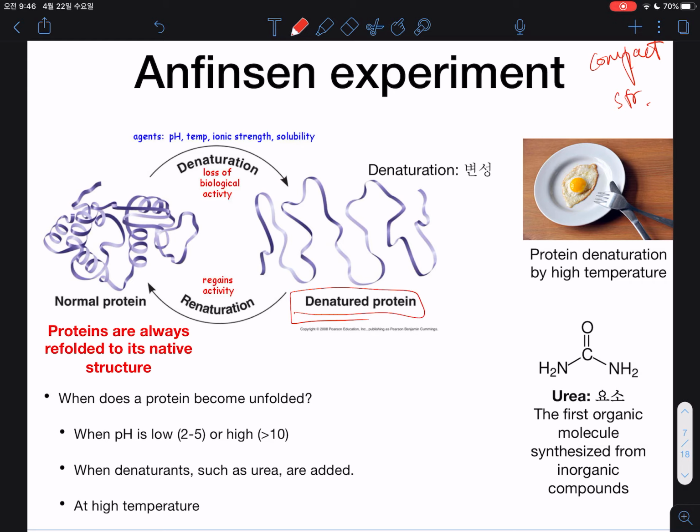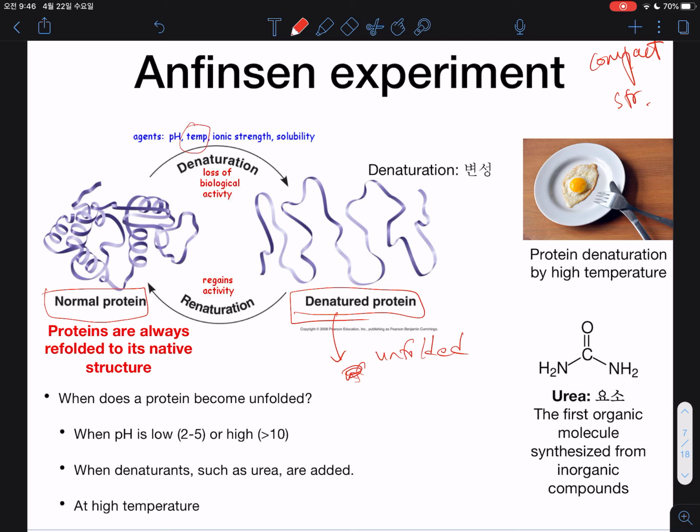Denatured means that they become flexible and unfolded.